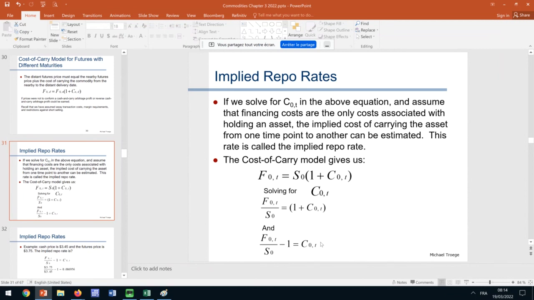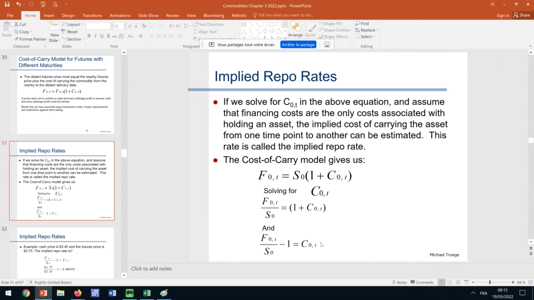Why is this interesting? Because if the implied cost of carry is higher than our own cost of carry, let's suppose we have a very good oil tank or something like that, very cheap for us to store the oil, if the implied cost of carry is more expensive than our cost of carry, then we know that we can implement these cost of carry operations.